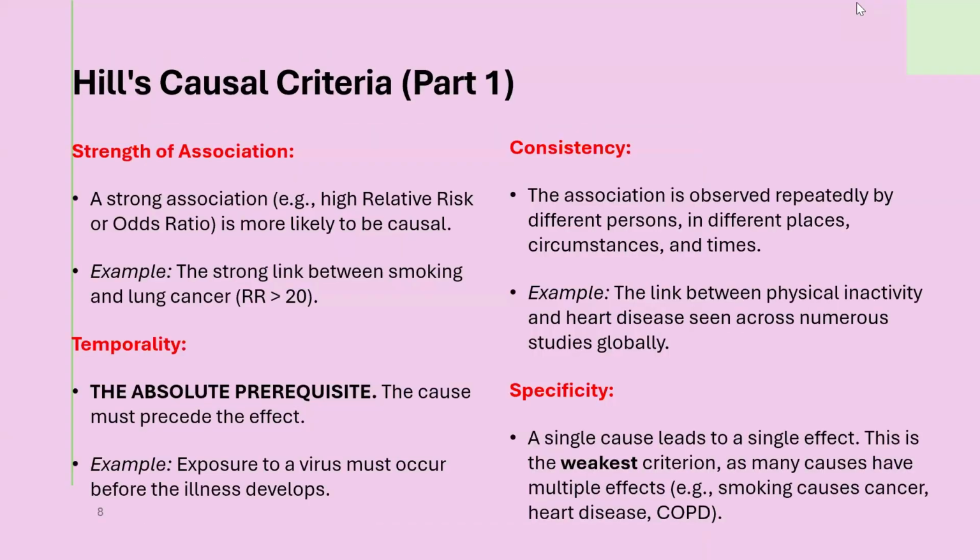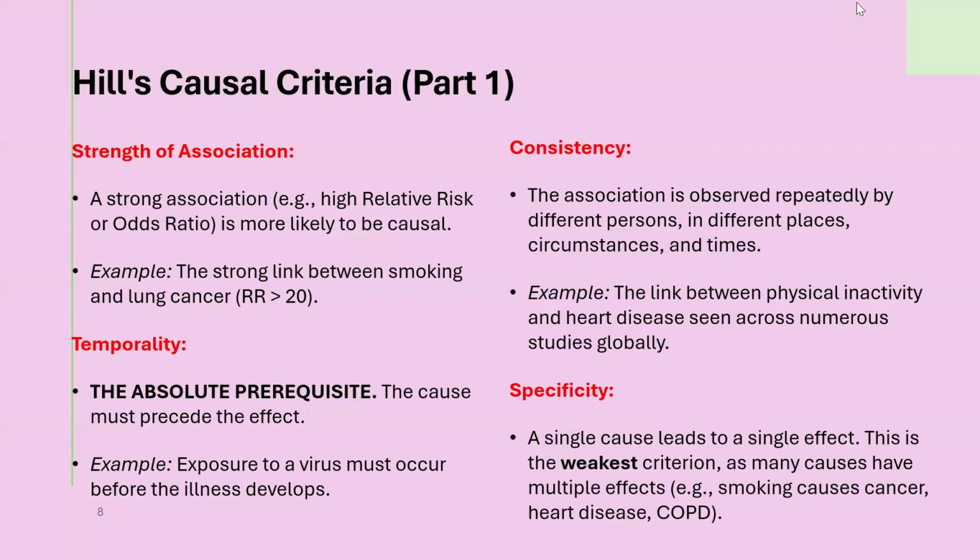So the strength of association, according to Hill's criteria, was that for you to consider causality, there must be a strong association between the exposure and the disease. When we talk about association, we're talking about measures of association like the relative risk, which is calculated from longitudinal studies, like the cohort study, or odds ratios, which are calculated from case control studies.